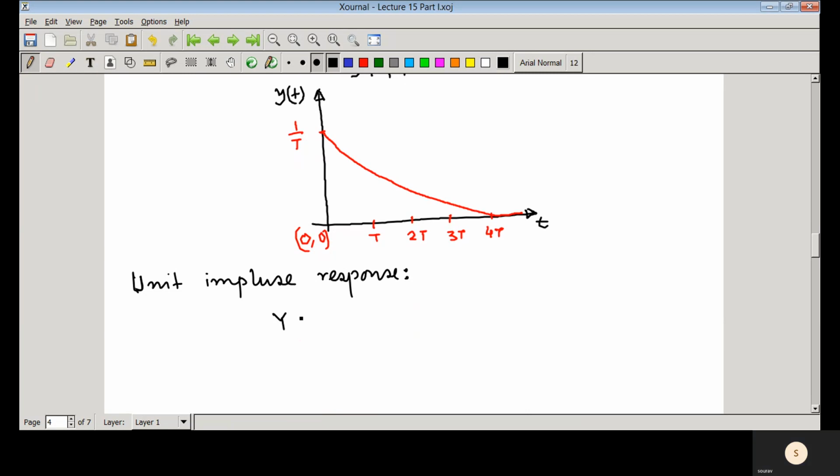So that is Y(s) that we have, that is 1/(Ts+1) into 1/s². So I am just writing it because just now we have discussed it.